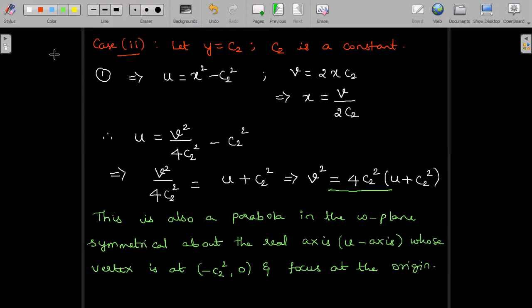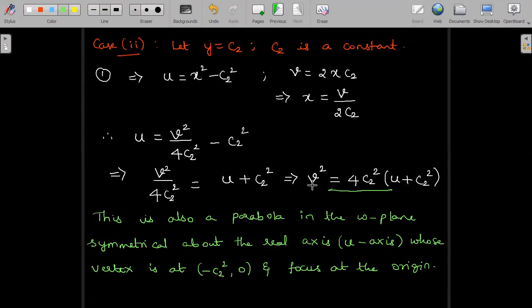Right? It was similar to the previous case, no? So this represents a parabola in the w plane, symmetrical again about the real axis or the u axis, and the vertex is at minus c2 square comma 0, because there is a plus sign here.